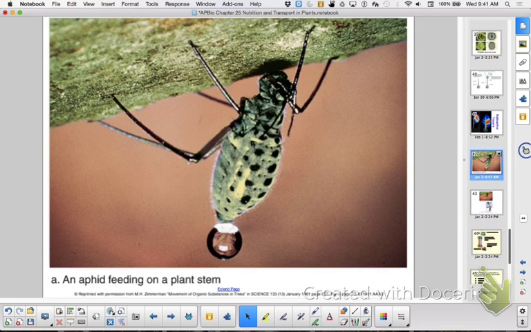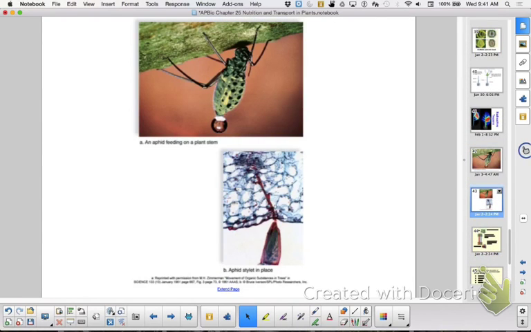And what they like to do is they allow aphids to go into the phloem, then they break off the bulk of the aphid and just leave its stylet that's tapped into the phloem, and they can measure how much fluid comes out to see how much fluid is moving in the phloem. So using a biological organism in order to test that.